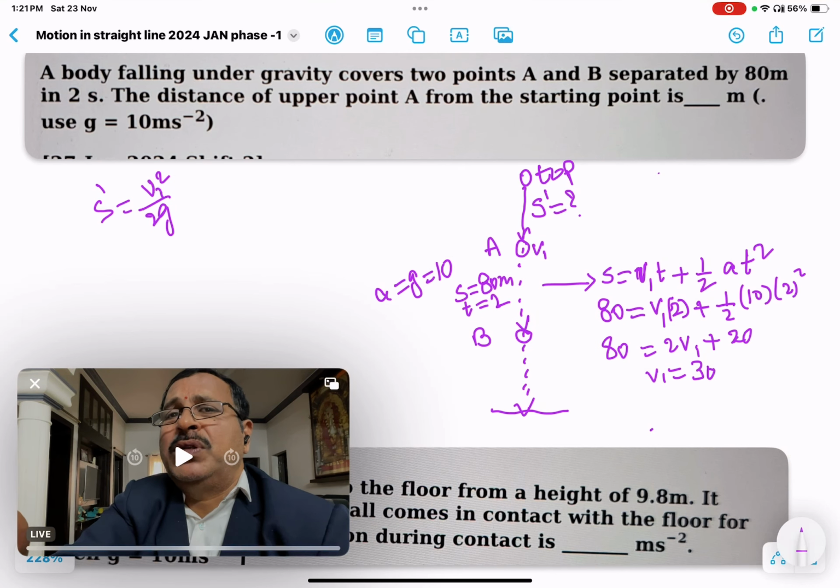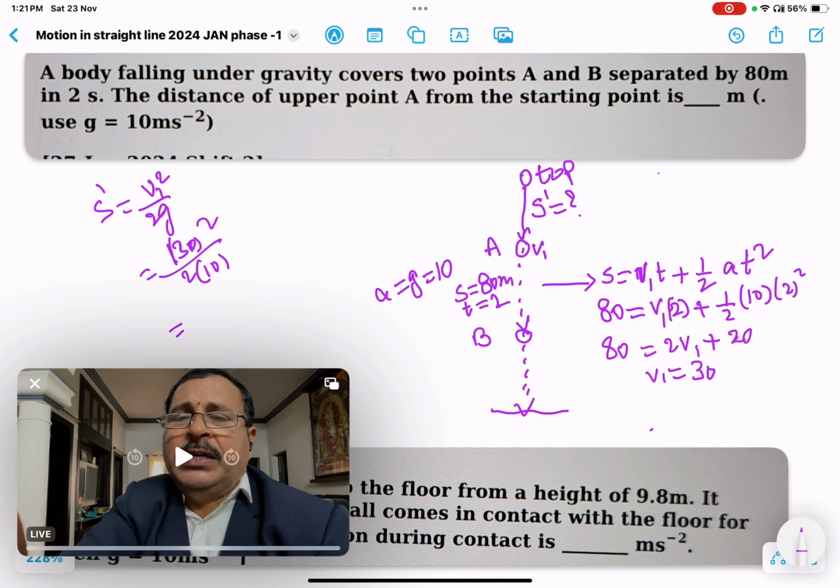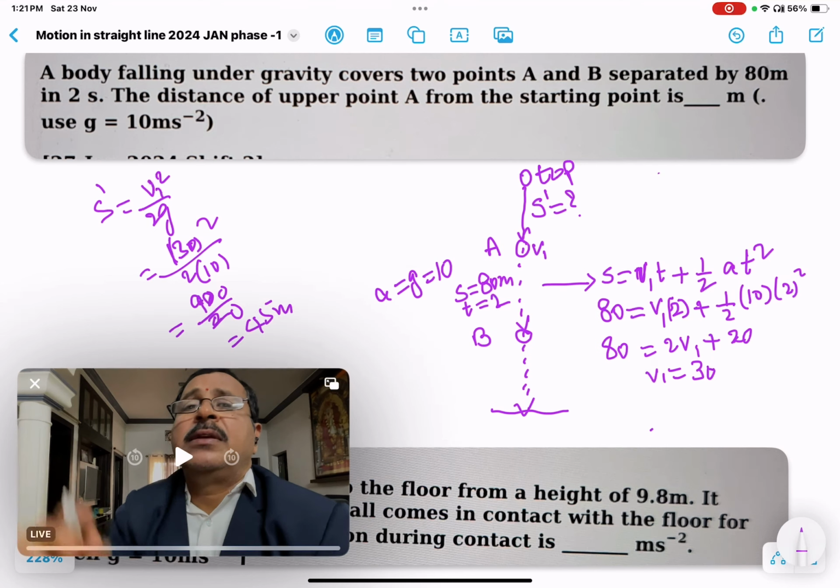V1 square means 30 square, divided by 2 into 10. That is 900 by 20, which means 45. This is 45 meters.